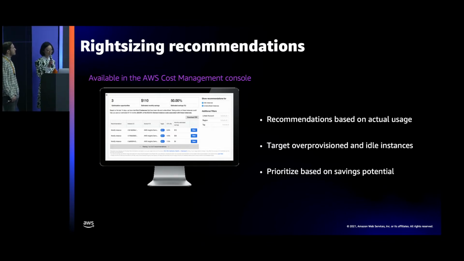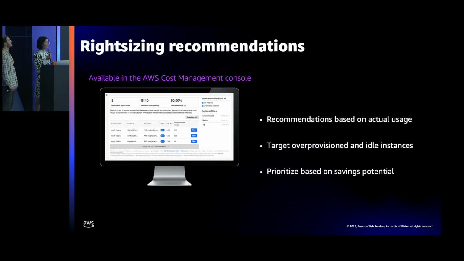There is a Rightsizing recommendation tool. And it's really easy to use because you don't have to configure everything. It automatically takes your past 14 days of EC2 instance usage and identifies if there's any idle or underutilized EC2 instance that can be downsized or terminated.